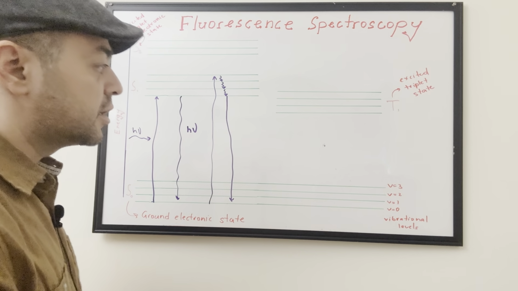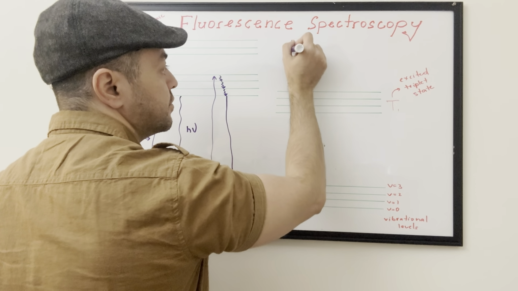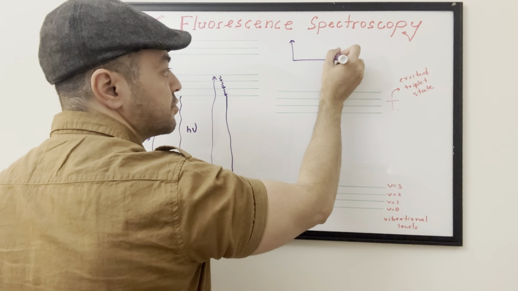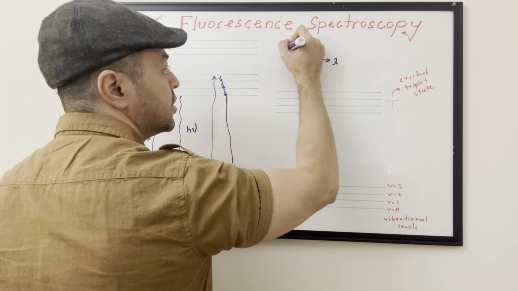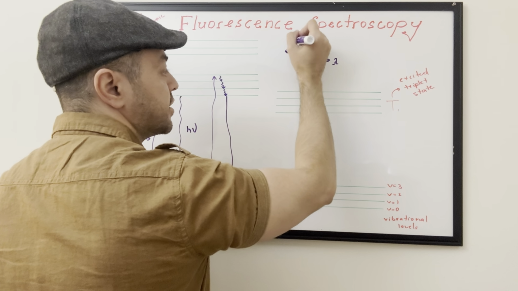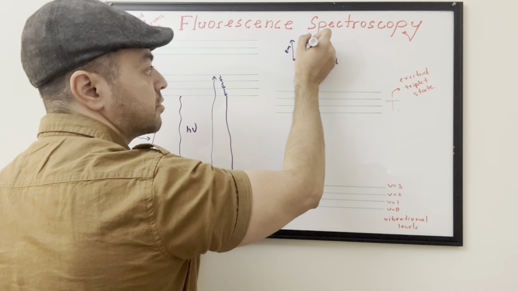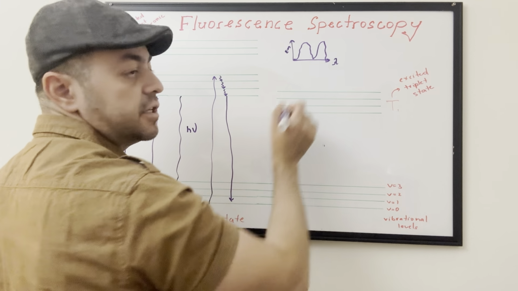So on the graph, if you want to plot it in two dimensions, wavelength and then emission, I just write EM.